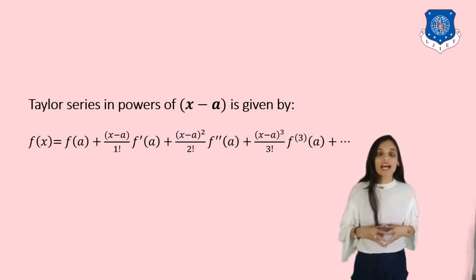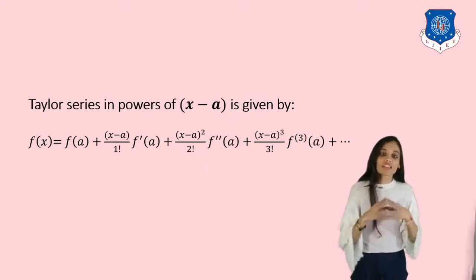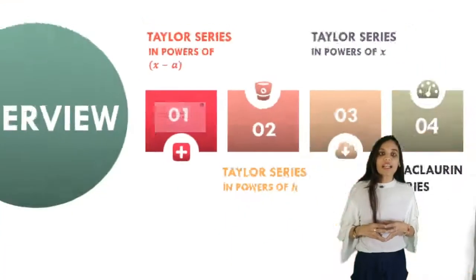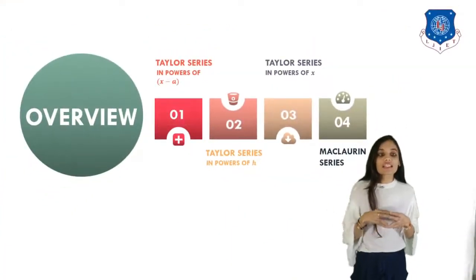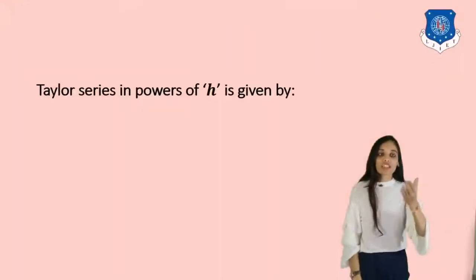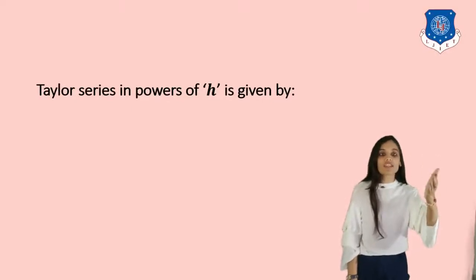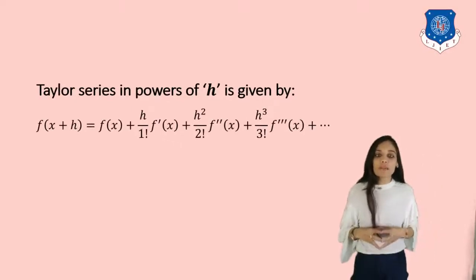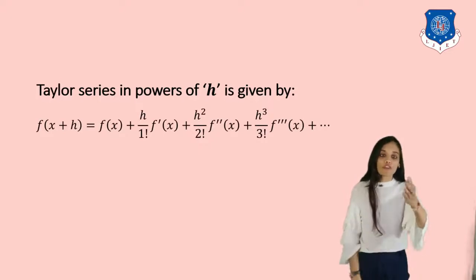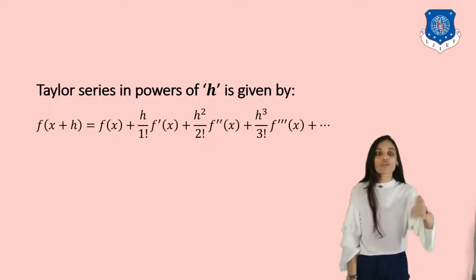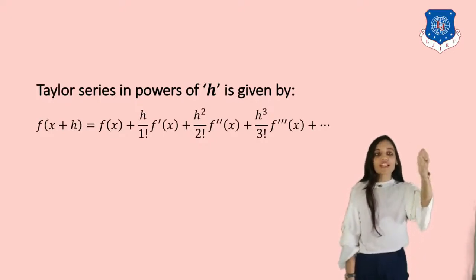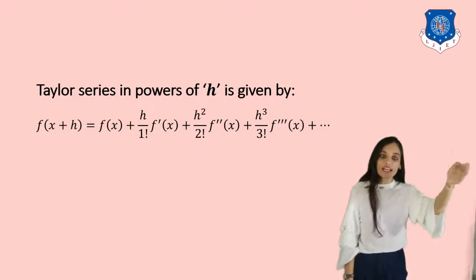So whenever you are asked to find Taylor series in powers of x minus a, you will solve using this formula. Next, let us see the Taylor series in powers of h. The Taylor series in powers of h is given by f of x plus h is equal to f of x plus h upon 1 factorial f dash of x plus h square upon 2 factorial f double dash of x plus and so on.